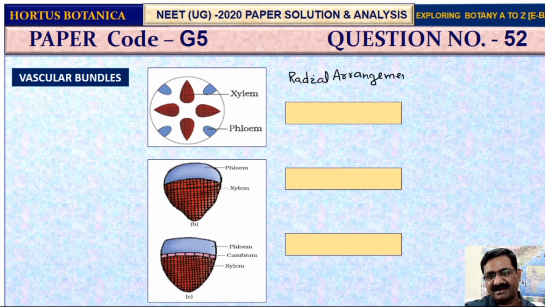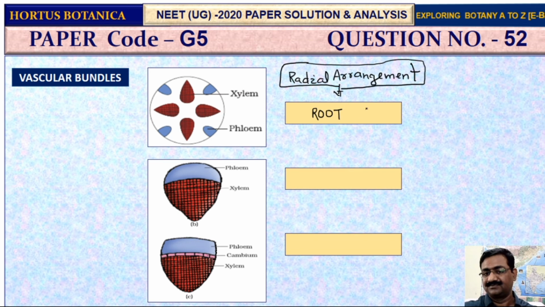The radial arrangement is the characteristic feature of root, either dicot or monocot. So it is clear that if the vascular bundle is radial, then it is confirmed that it is only root, not stem.